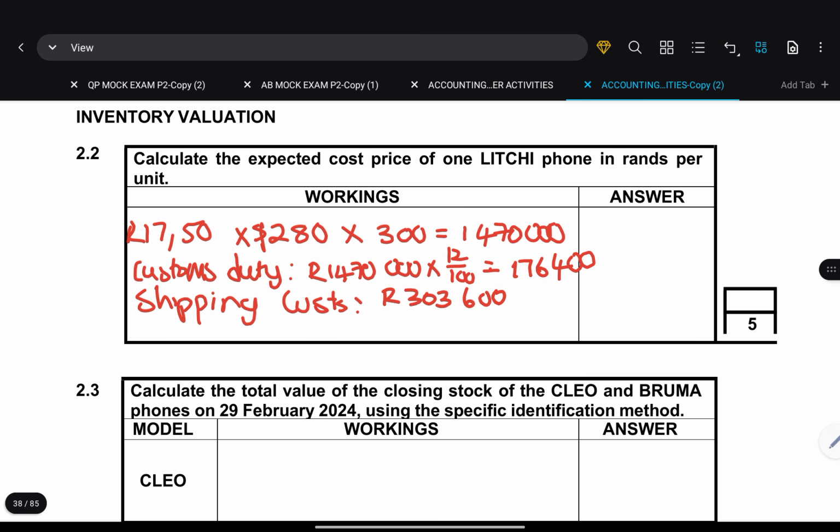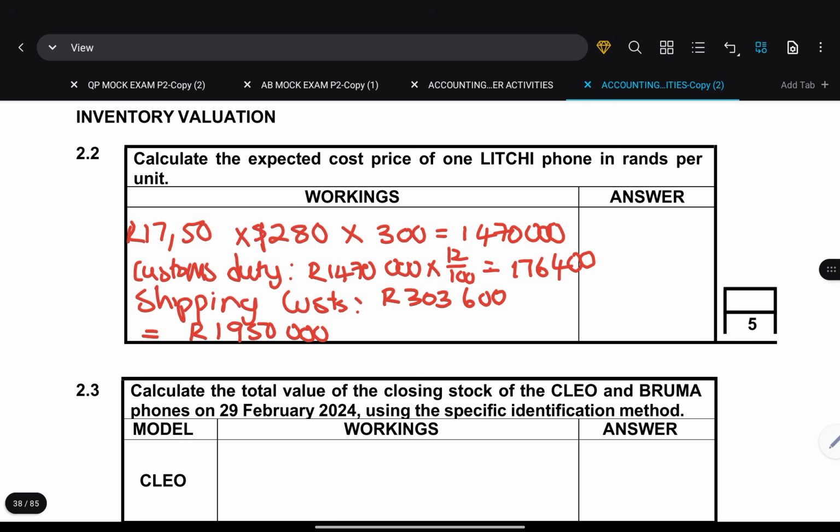The total before we divide is going to be as follows: 1,470,000 plus 176,400 plus 303,600, which gives us a total cost of 1,950,000.